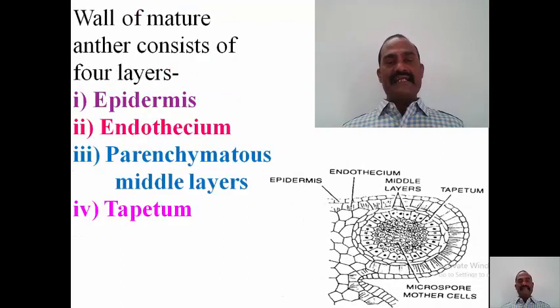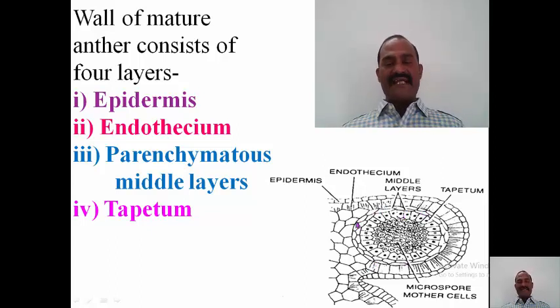If we see the wall of a mature anther, it consists of 4 layers, as you can see in the diagram. The first layer is called the epidermis. This epidermis is followed by a second layer called the endothecium. Within the endothecium there are a few layers of parenchyma, and these parenchyma layers are going to perform a very important role in the future.